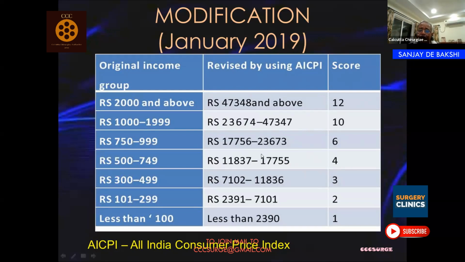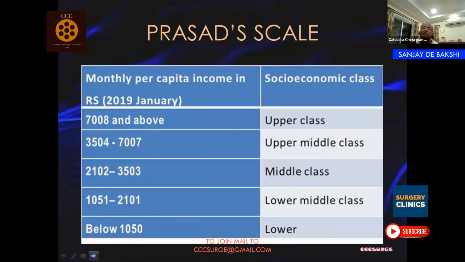I'm giving you a ballpark figure. 10 to 15 was 4, 7 to 10 was 3, 2 to 7 was 2, and less than 2 was 1. Please remember that, that was the original income, and that has been revised by the All India Consumer Price Index. So remember that you have to know the Kuppuswamy scale. This is another scale, the Prasad scale. If somebody asks you, remember that there's also a Prasad scale.